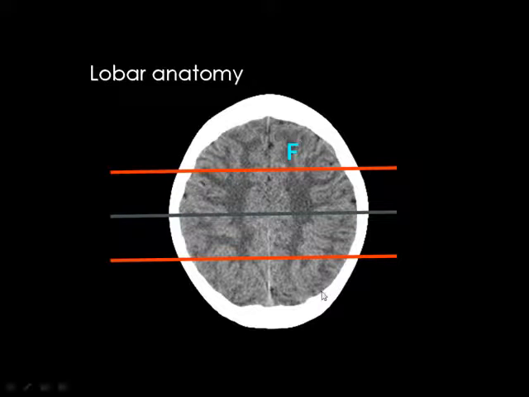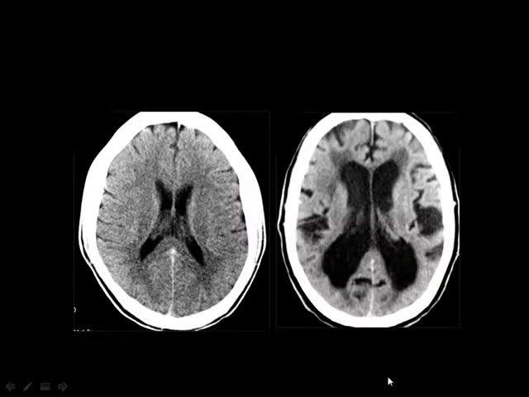Then you don't have the occipital lobe here, and also you don't have the temporal lobe, and the rest of the section will belong to the parietal lobe only. Then a part of the frontal lobe, because the frontal lobe is very big and it extends up in the sections, and the rest of the sections will belong to the parietal lobe.